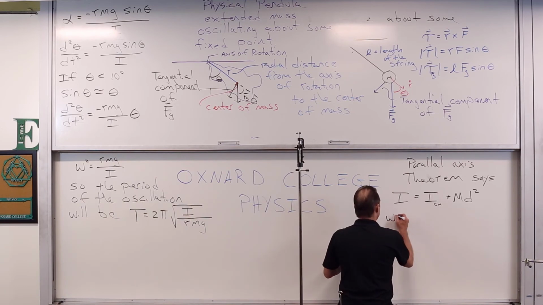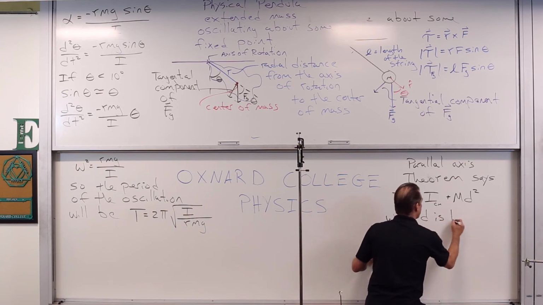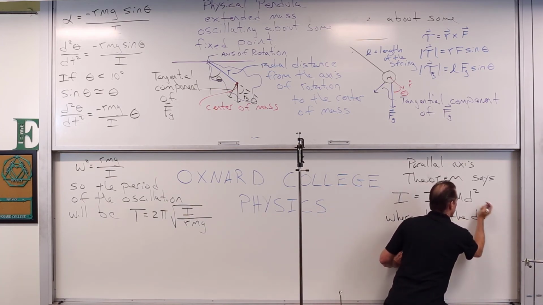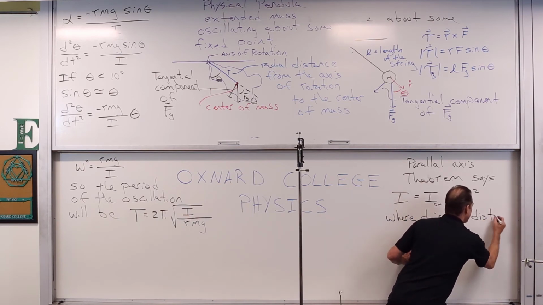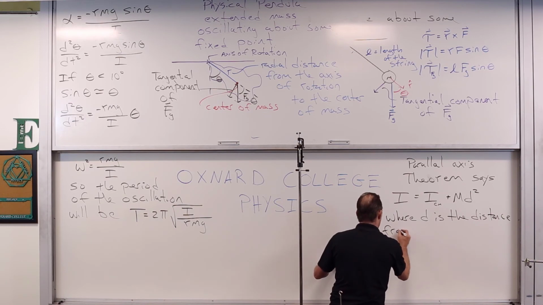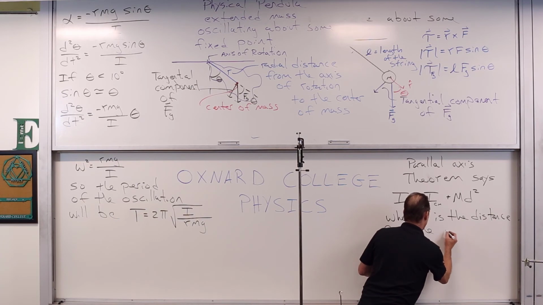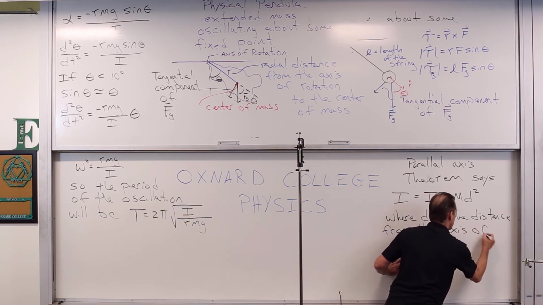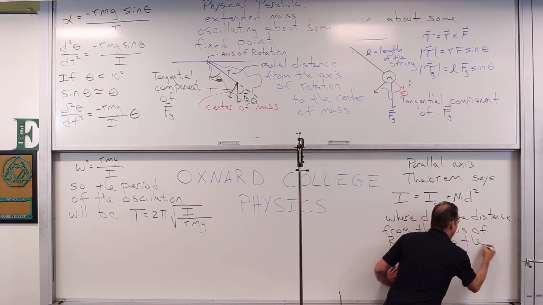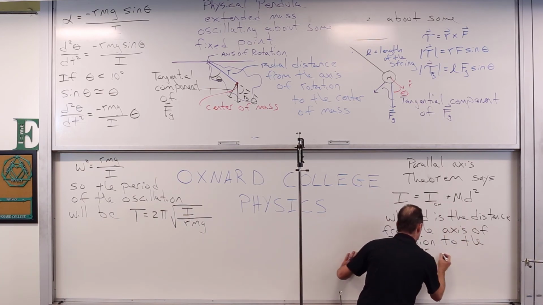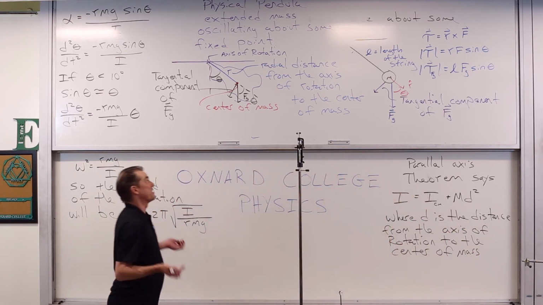Where d is the distance from the axis of rotation to the center of mass, which is equivalent to our distance r.